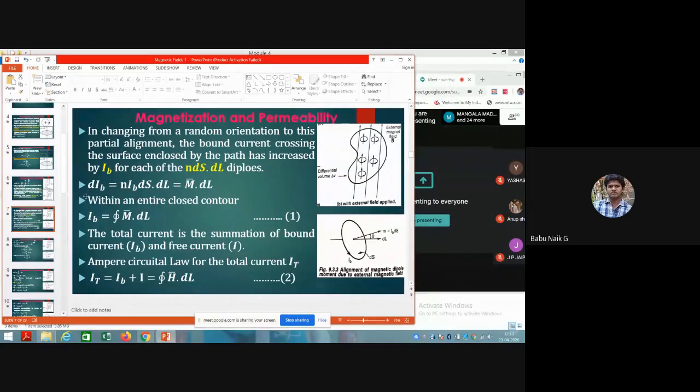Let me consider the small element of dIb, which is equal to n number of the bounded current, Ib, and ds dot dl.